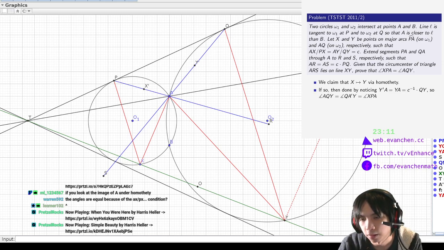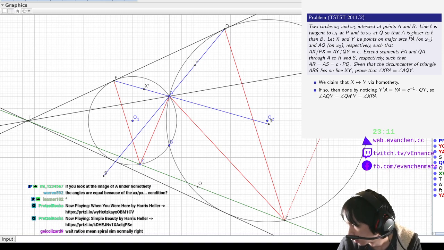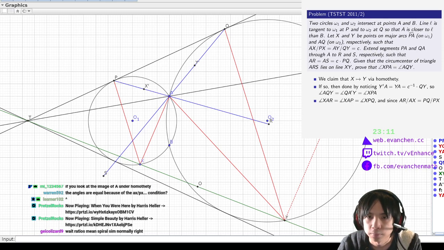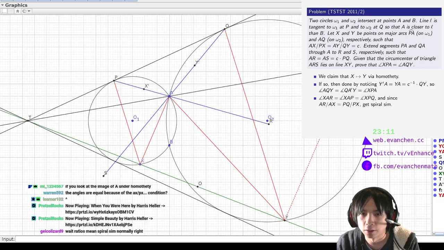And since AR over XR equals, yeah, so there's a spiral similarity at X which takes XPQ to XAR.